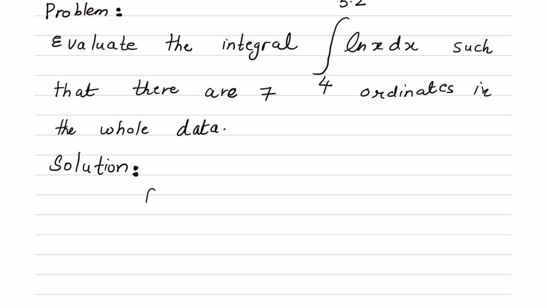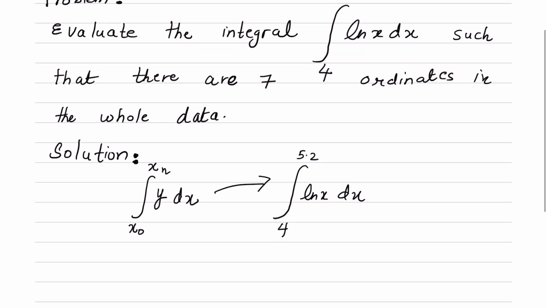Usually we find this integral y dx. Starting x value is x naught and ending x value is xn. And in our case, we have to find this integral ln x dx starting from 4 ending at 5.2. Let's compare these two integrals.